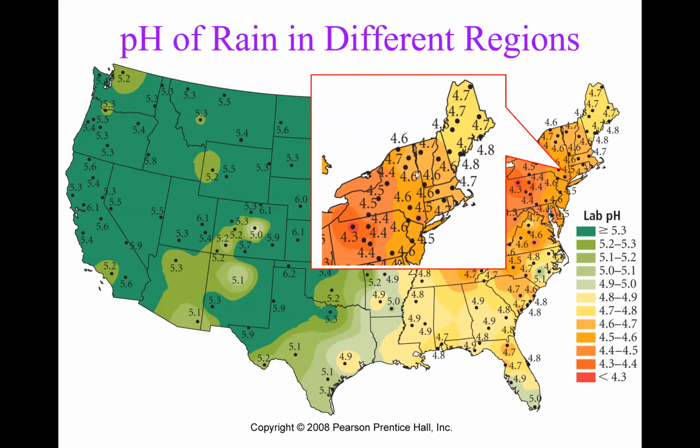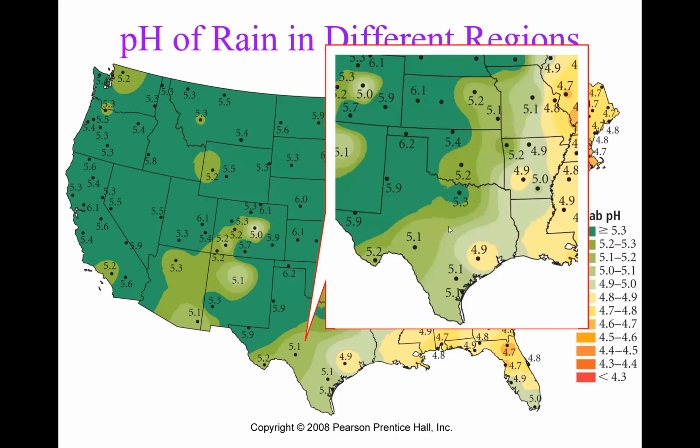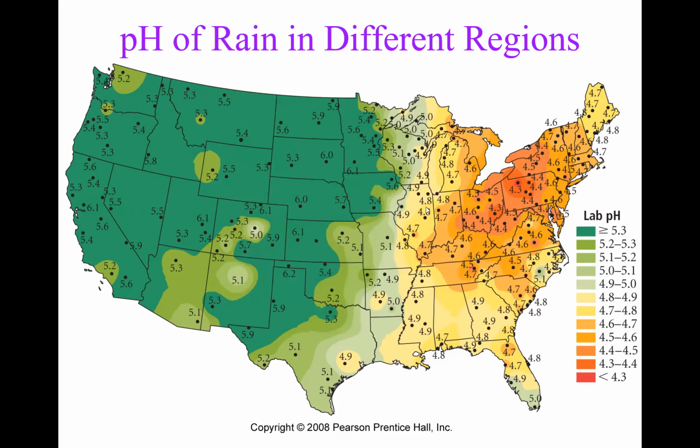And Vermont and New Hampshire and upstate New York, these aren't the biggest mountains in the world, but still. And then this is sort of the end of where the coal is. And so we see a pretty big increase in the pH number. So there's much less acid rain, right?